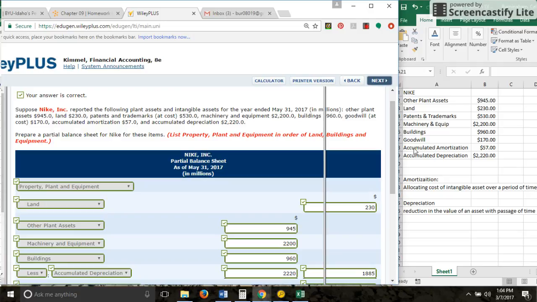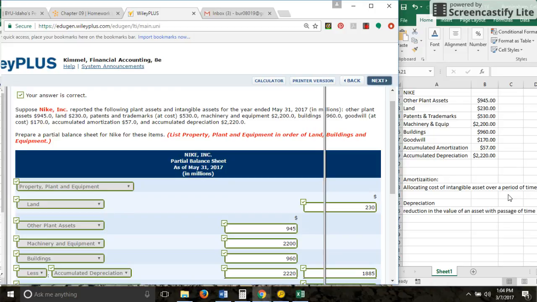And then the other account, which is accumulated amortization, is allocating the cost of intangible assets over a period of time, because if you purchase a patent for $100,000, and you expect to use it for 5 years, you don't really want to say, oh, I spent $100,000 this year, and then you don't spend anything in the next 4 years.